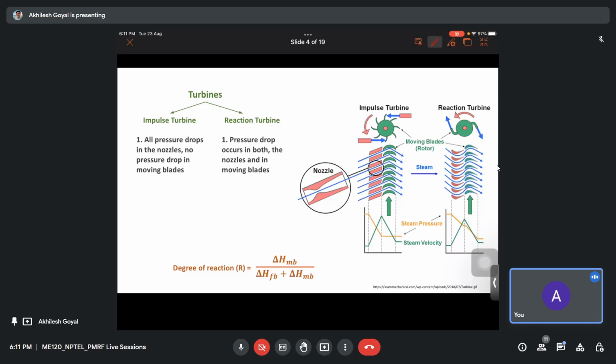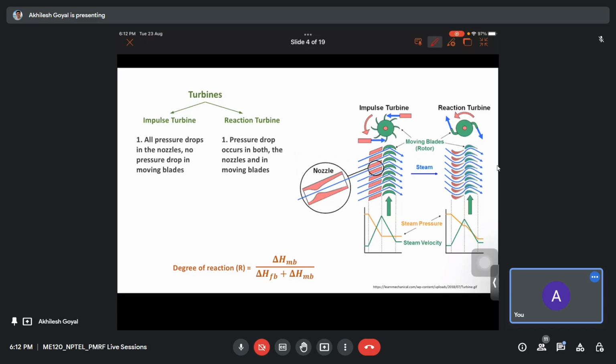So the total energy that is transferred to the moving blades is because of the high velocity steam jet coming out of the nozzles, as well as the reaction of the expanding steam going out from the moving blades.